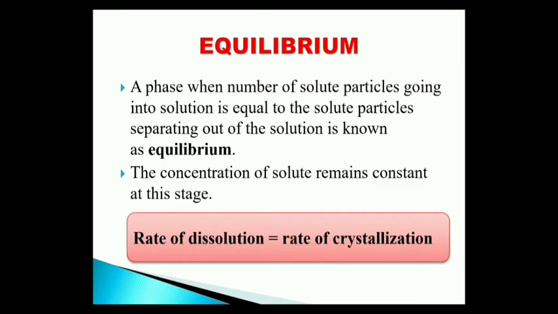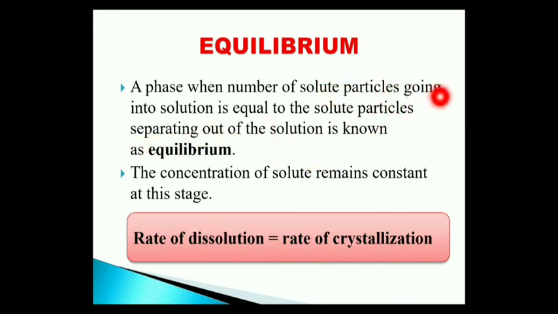Now here we need to understand an important point. What is equilibrium? What is the state or phase of equilibrium? A phase where the number of solute particles going into the solution is equal to the number of solute particles separating out of the solution.